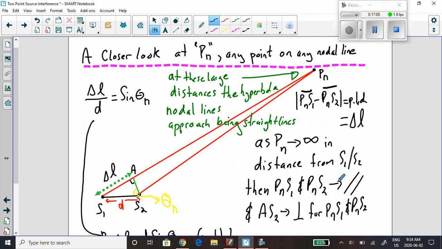And the line AS2 really starts to be perpendicular to both the line here, AS1, and the line here. This line here starts to be 90 degrees to both of them.